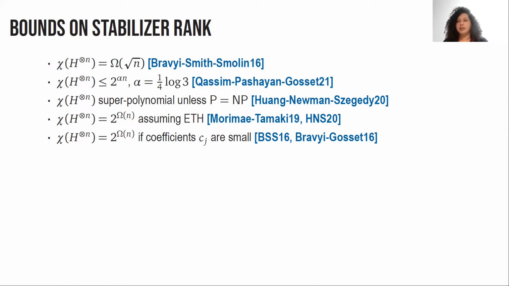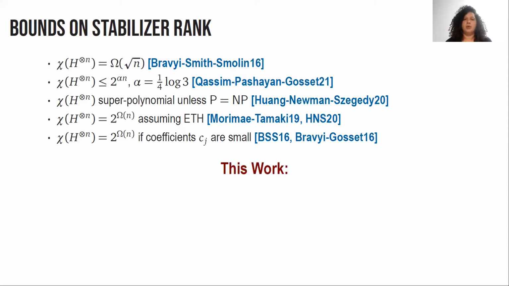If the coefficients in the linear combination are small or bounded, we can prove that the stabilizer rank of this magic state that we are interested in is exponential, due to BSS in 2016 and Bravyi-Gosset in 2016 as well. This follows from some correlation bounds between stabilizer states and the magic state.